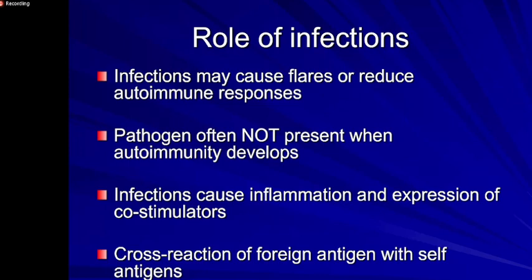Now, as a result, we think part of the way infections cause autoimmune diseases is through 1, inflammation, 2, expression of co-stimulators, enhancing co-stimulators, and 3, cross reactions, what we call molecular mimicry.